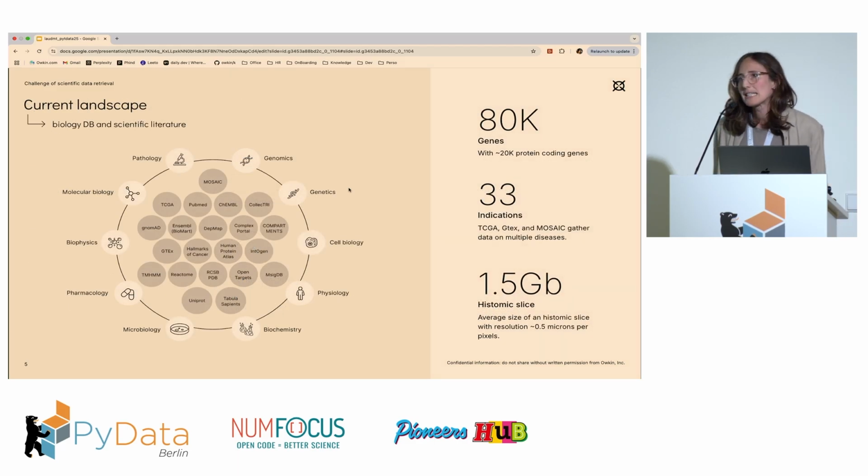So here's a bit of the landscape in biology specifically. There are a lot of open source databases out there, ranging from pathology to genomics to biochemistry. To give you an example, I will look at TCGA on the top left. TCGA is a really famous open source patient omics database.